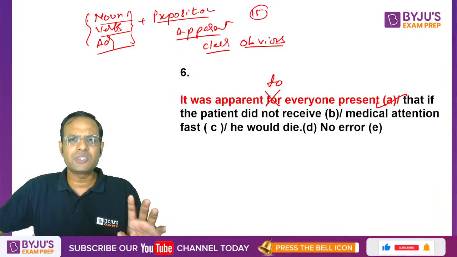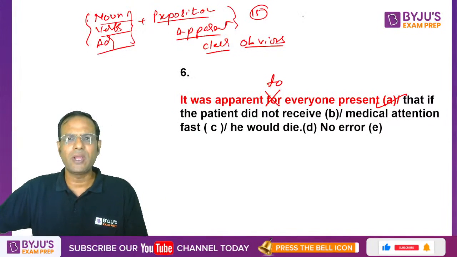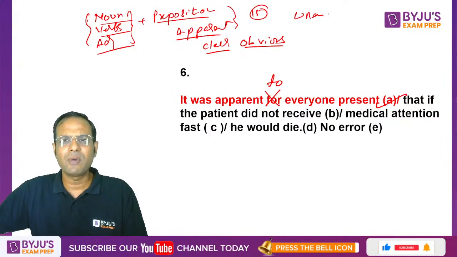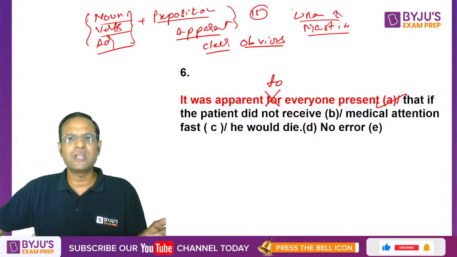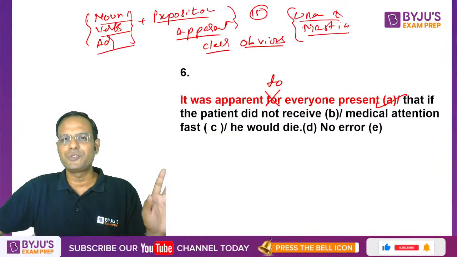Devote 15 minutes to read these combinations, right? Please follow Wren and Martin. This book has a dedicated exercise on prepositions and a chapter dedicated to phrasal verbs. Keep reading them. Every day read for 15 minutes and you will be through.